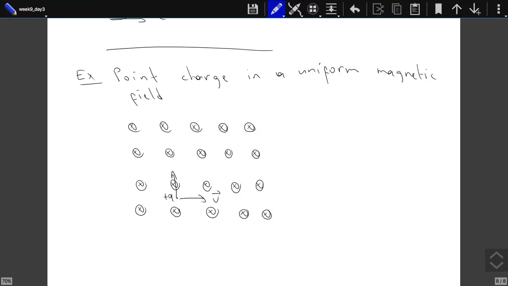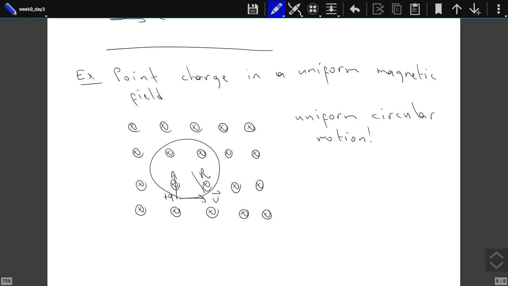What kind of motion will it do? Uniform circular motion, not just circular motion, it will be uniform. And so it will basically go around such a trajectory with radius r.